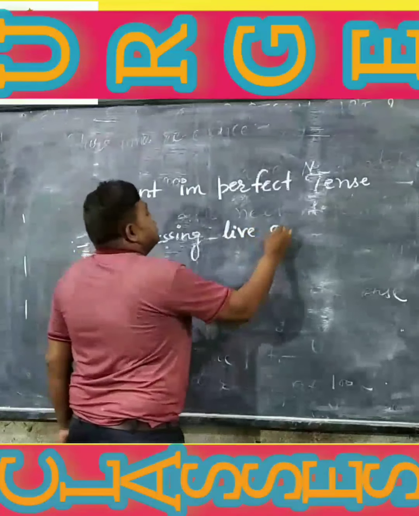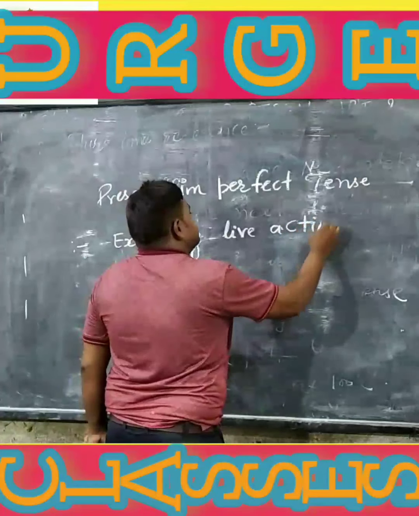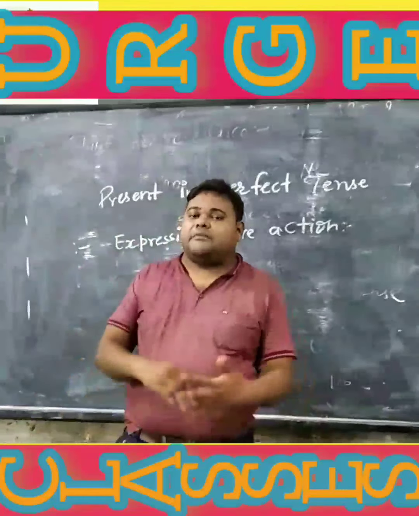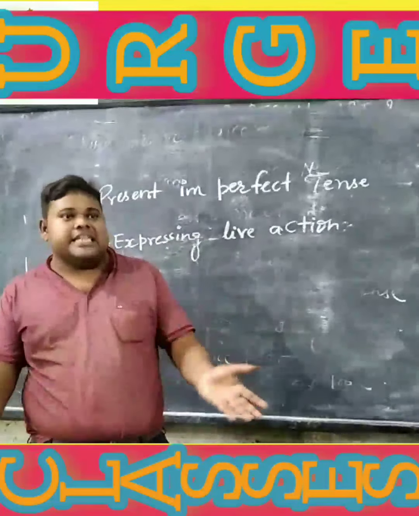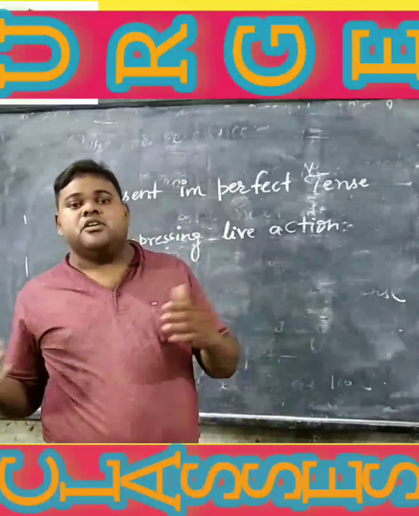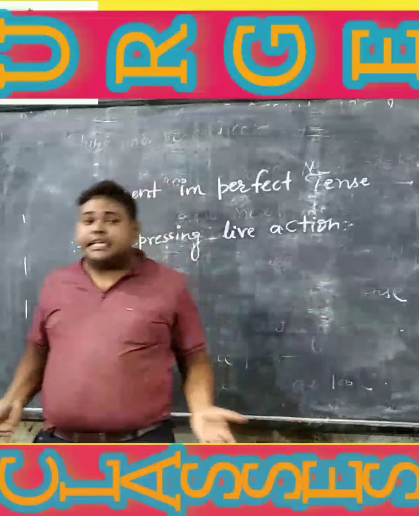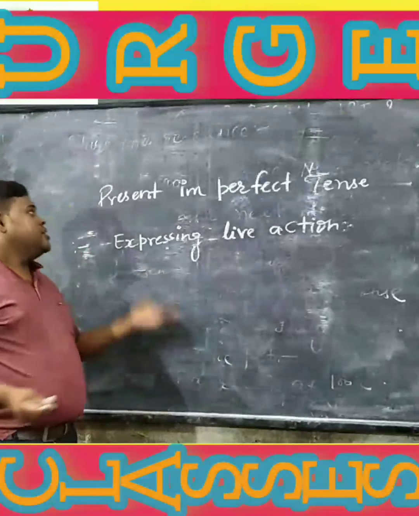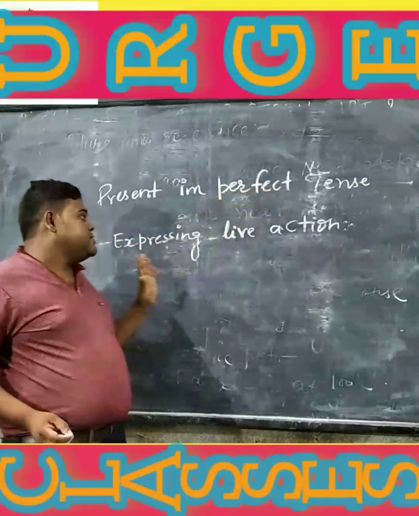Expressing live action. So many things are happening around us and we generally describe them. If we are going to describe whatever is happening around us in a very current time, in such a way we apply present imperfect tense.